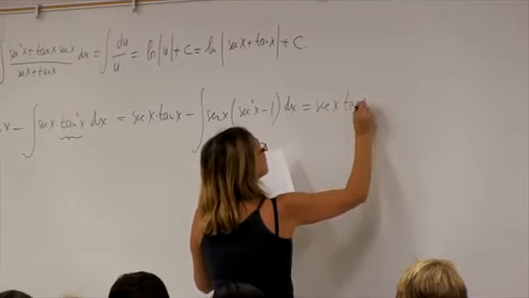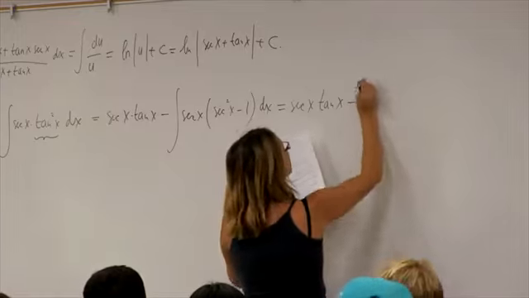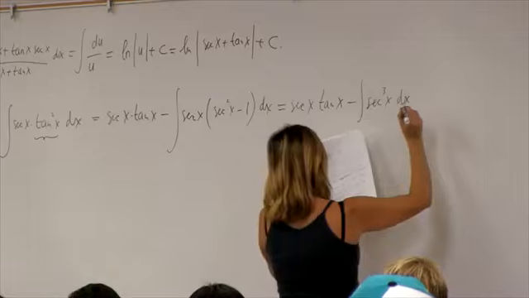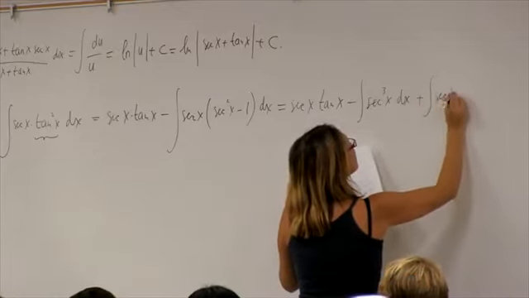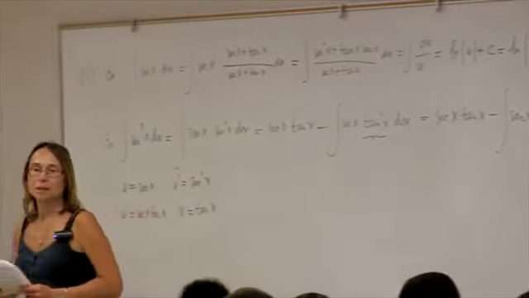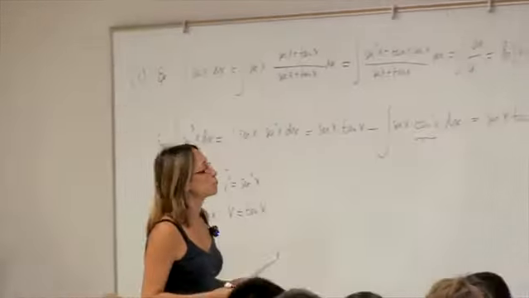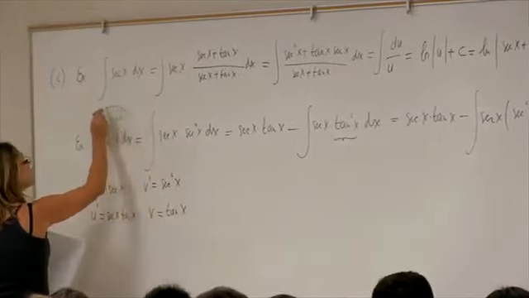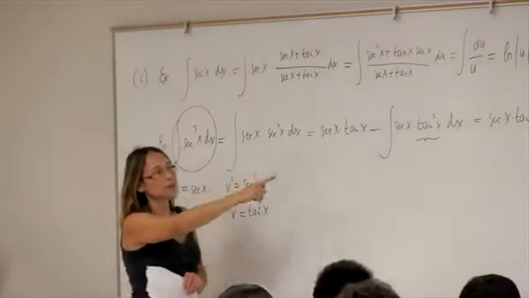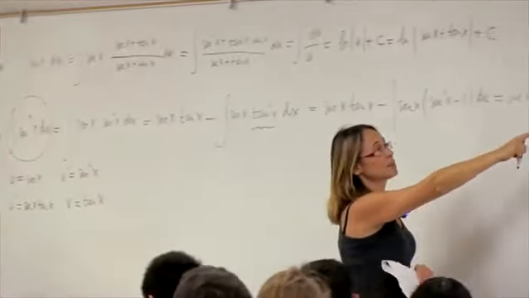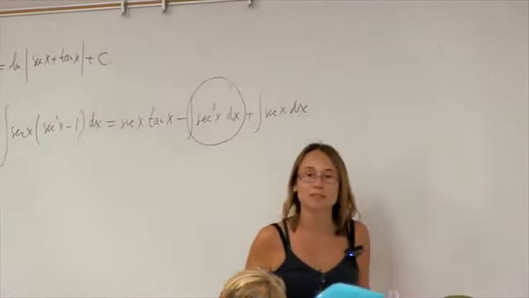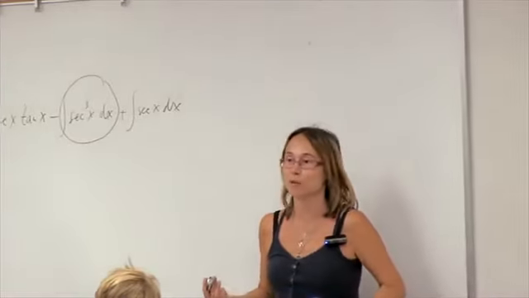Secant x tangent x minus the integral of secant cubed x plus secant x dx. So a lot of calculations, and what is the result? On the left, you find the integral of secant cubed. And on the right, you find the same thing, secant cubed x. Okay, so actually we arrived at an equation which involves the unknown integral as a variable.